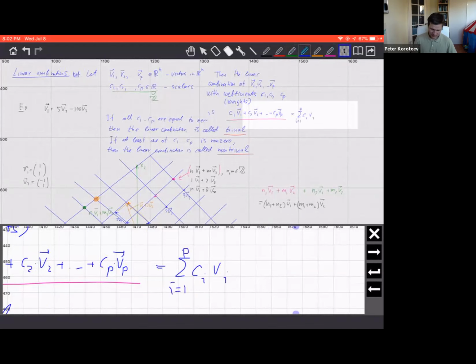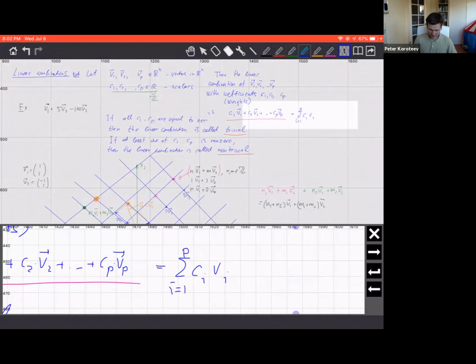You've probably seen it, it's a sum. We call the combination trivial if all c's are 0, and non-trivial if at least one of the ci's is non-zero.